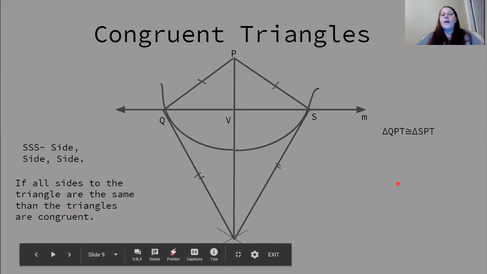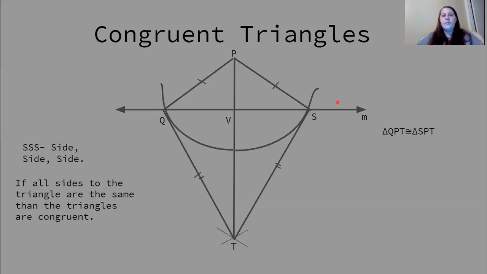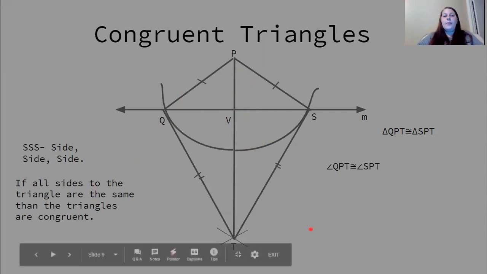Now they want to know, are triangles QPT and SPT congruent? And yes, that is what we just figured out, is that all three sides are congruent. So it's side, side, side, congruent triangle. Now we want to know, is angle QPT the same as SPT?